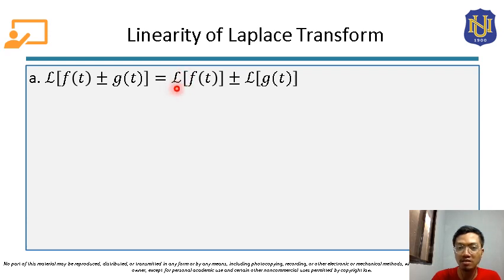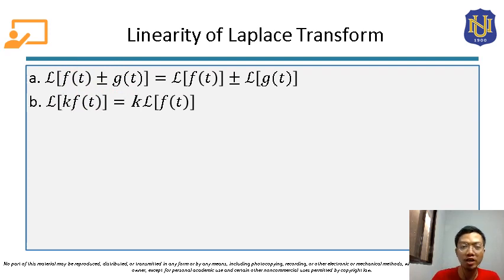So the Laplace transform of f of t plus or minus g of t will just be equivalent to this. And the second one is the Laplace transform of k times f of t, wherein k here is a constant. So if it is a constant, we can just take that constant out of the Laplace symbol.